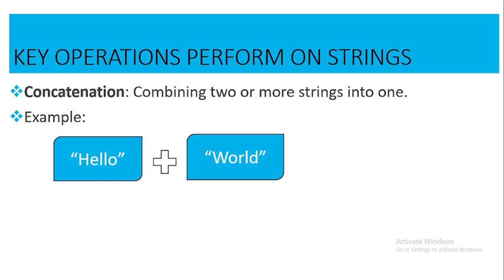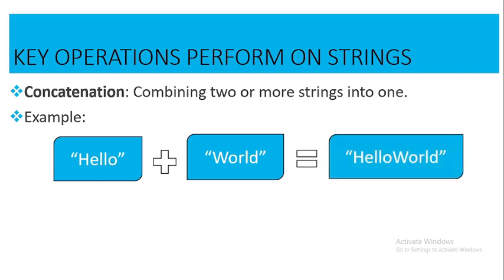So when we are combining two or more strings together, when we are adding two or more strings together, we say that we are performing what? Concatenation. And then the operator that is used to perform concatenation is the plus operator.